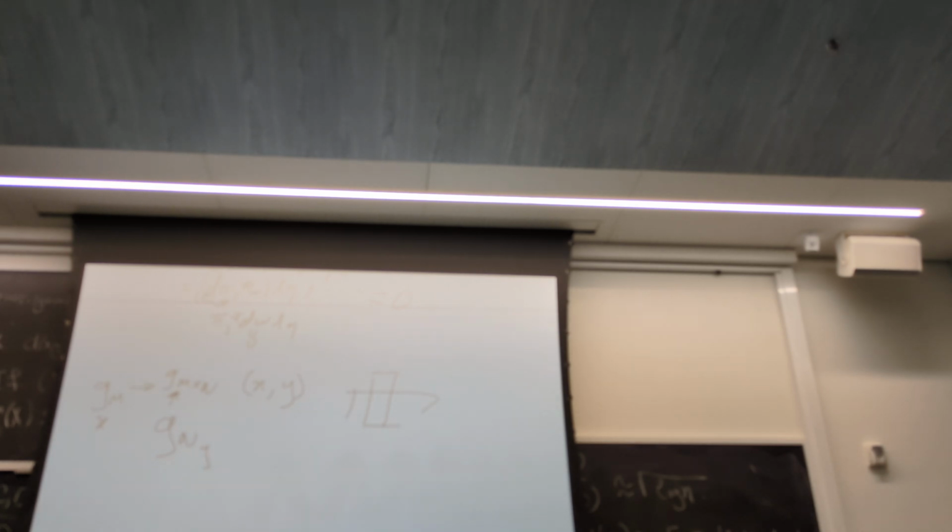You can decompose T at (x, y) of M cross N into two parts, which look like T_y of N and T_x of M. On this one you use the metric on M at the point x, and on this one you use the metric on N at the point y, and these two subspaces are orthogonal to each other. So this defines a metric on the product.